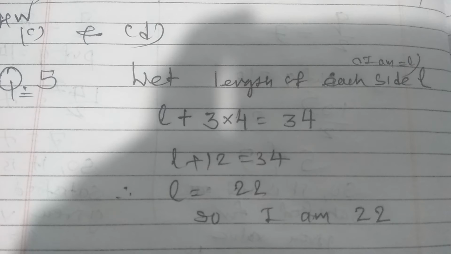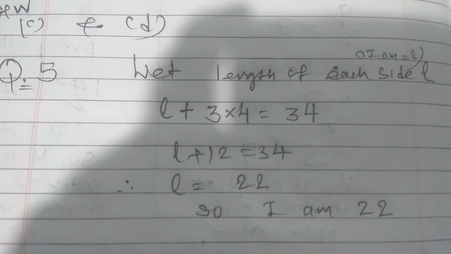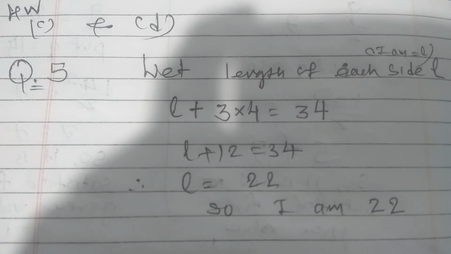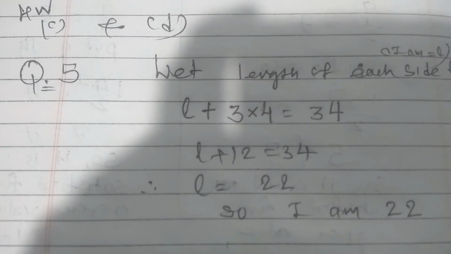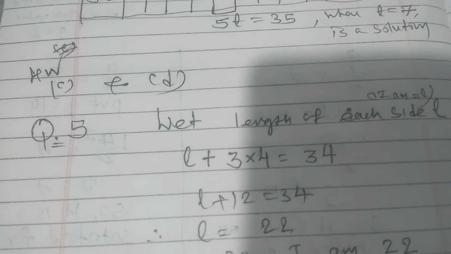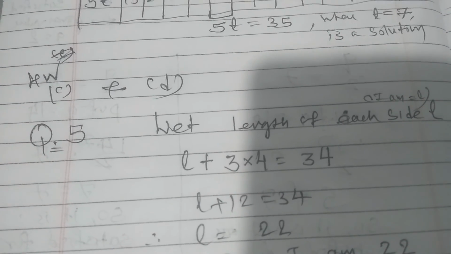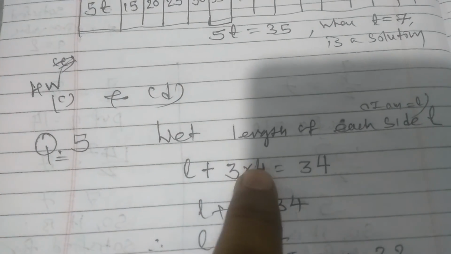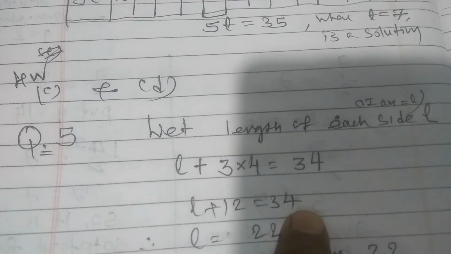Suppose I am L, the length of the square. So L plus, according to the condition, each corner you have to count thrice and no more, thrice means 3 times. So L plus 3 times 4, that is 12. So L plus 3 into 4 equal to 34, which is exactly 34. So L plus 12 equal to 34.